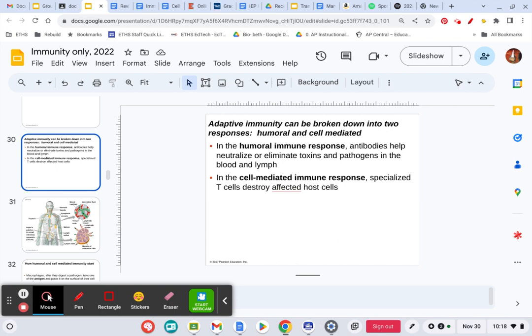So things in the bloodstream and the lymph will be responsible for this response. And they don't actually fight anything directly. What they do is they mark the cells that are infected, or they mark invading cells for destruction.